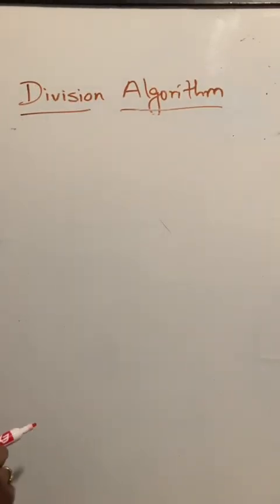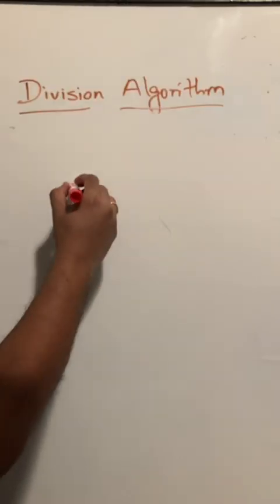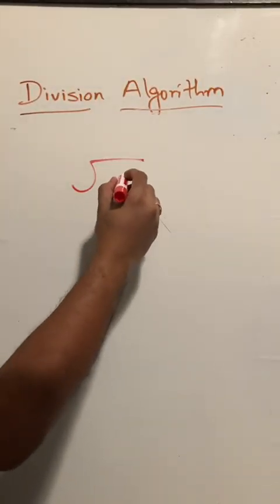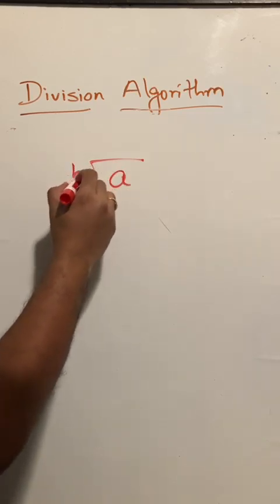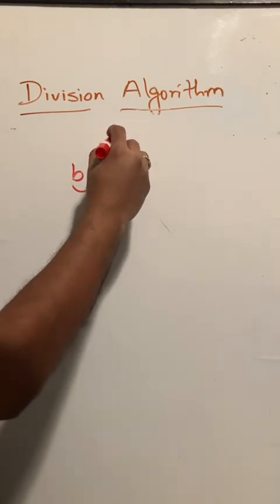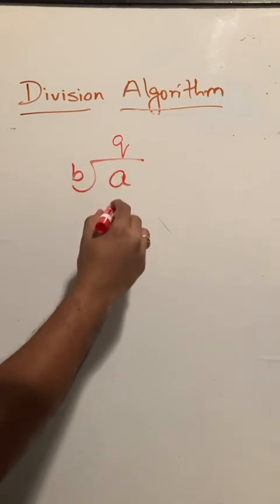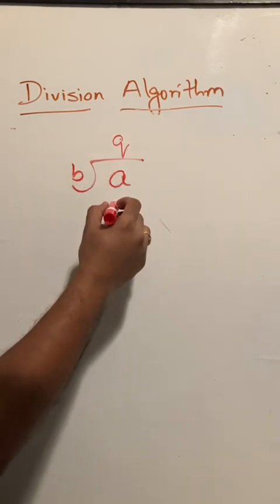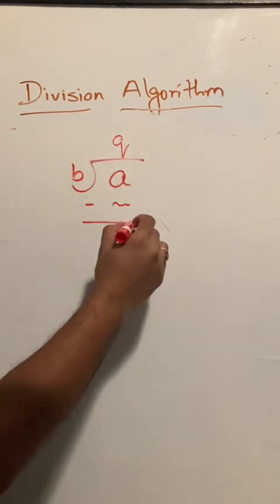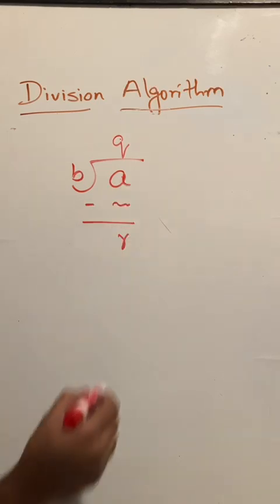Yeah, if you write the division algorithm in another way, let's do this one. We are dividing A by B and we are getting a quotient Q. B into Q gives some number, and if we subtract, we get a remainder.